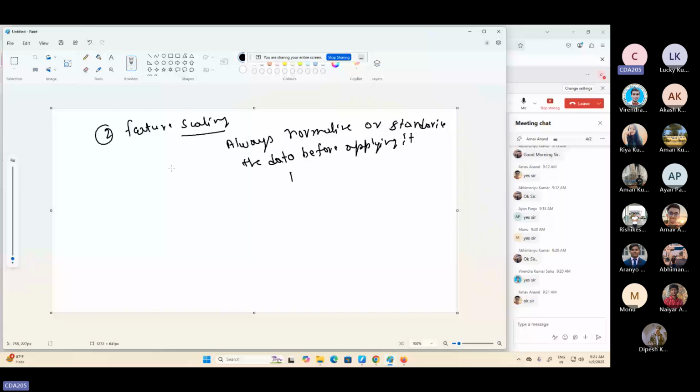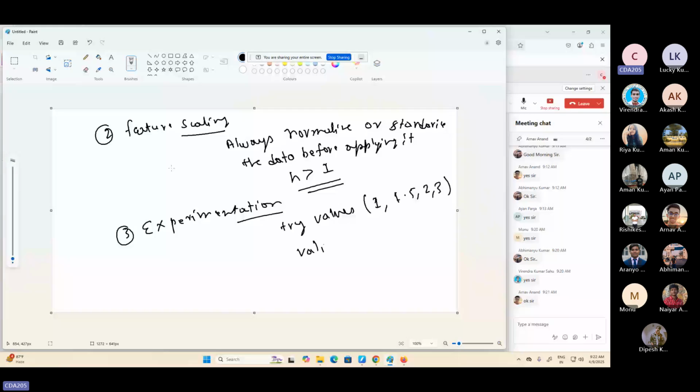This is the second. And the third one is experimentation. What we have to do is try different values, that is 1, 1.5, 2, 3, and validate the performance.